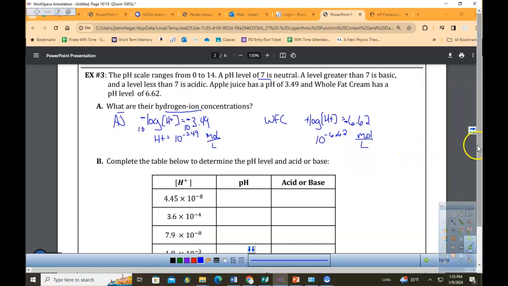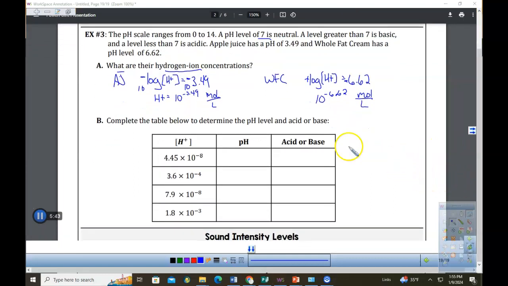Let's work it backwards. If I'm given H plus, how do I find the pH? Well, I use my calculator and I negative log it, right? So I do negative log of that. I get 7.35, which is a base. It's bigger than 7.